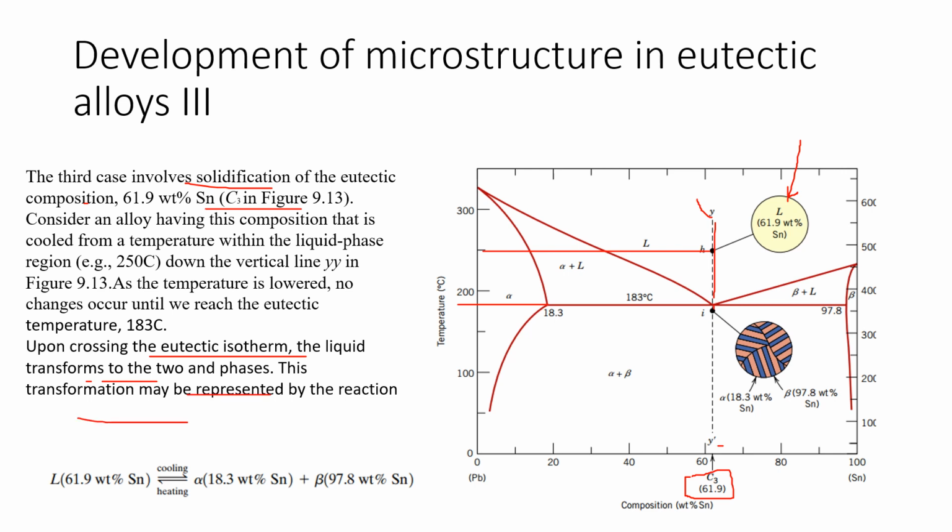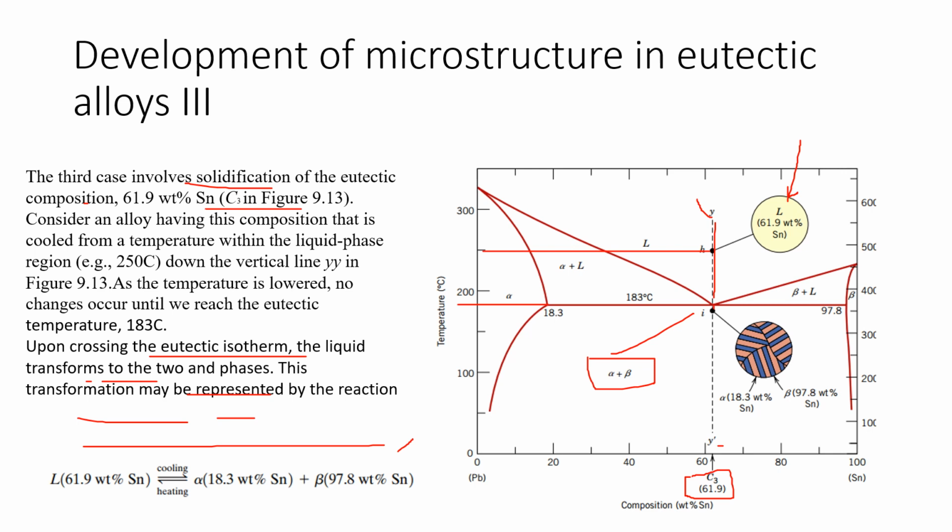Upon crossing the eutectic isotherm, the liquid transforms into two phases. This transformation may be represented by this reaction: the liquid transforms into two phases, alpha plus beta.